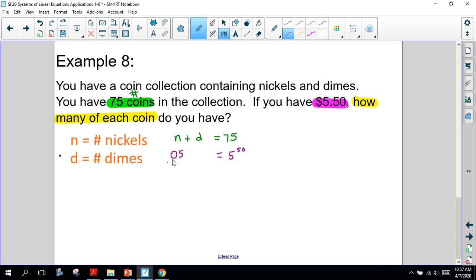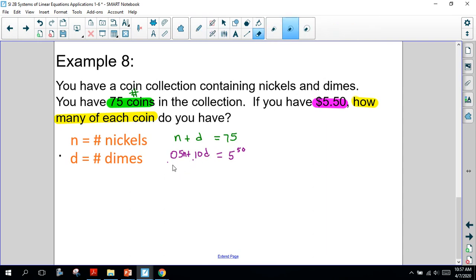And don't forget, it is 0.05 and not 0.5, because 0.5 or 0.50 would be 50 cents. Plus the value of a dime is 10 cents, so it's 10 cents for every dime. So 5 cents for every nickel, plus 10 cents for every dime, and I have a total of $5.50.